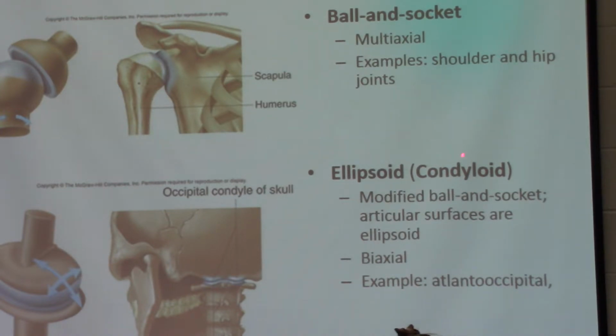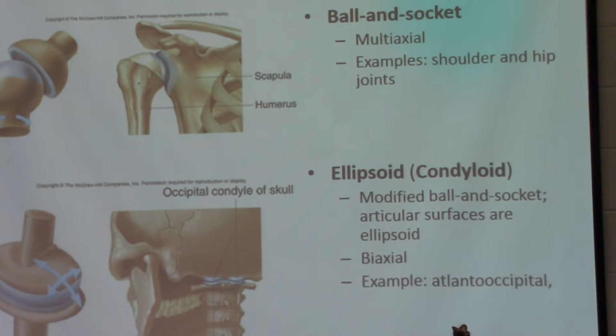Ellipsoids are very similar to ball and sockets. The only difference is, in this case, the shape of the ball is not exactly like a ball. It is more ellipsoidal. So what is the shape of ellipsoidal? Something like that.